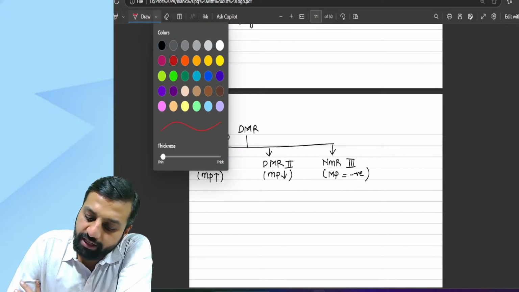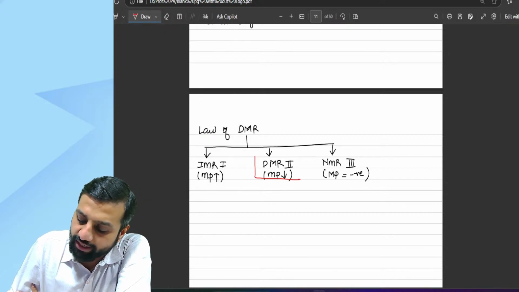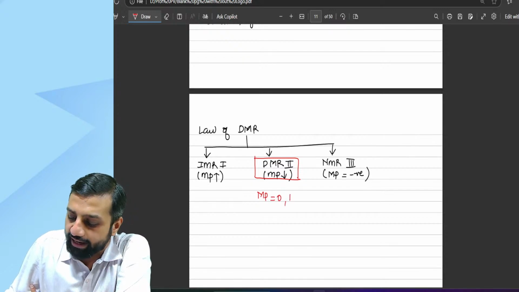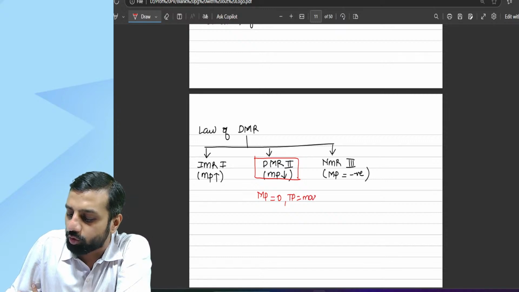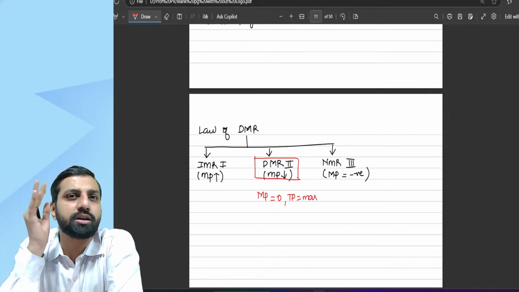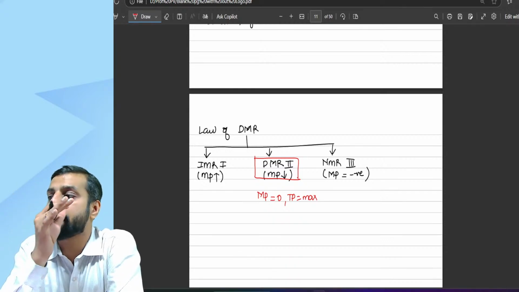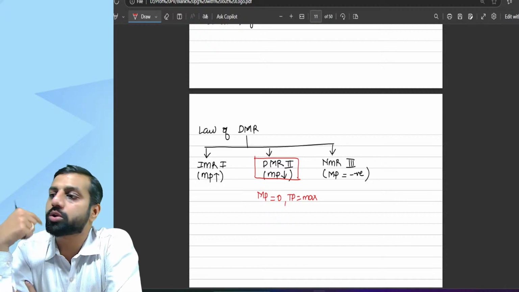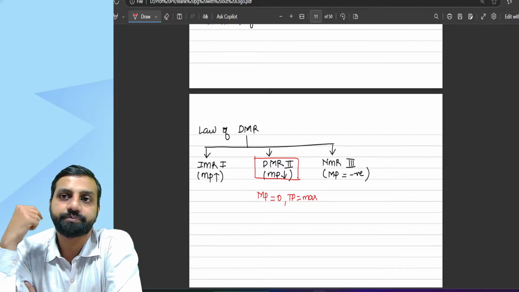Where do we operate in the short run? We operate in diminishing marginal returns, where MP is equal to 0 and TP is equal to maximum. So producer in the short run operates at DMR, where his marginal product is 0 but his total product is maximum.